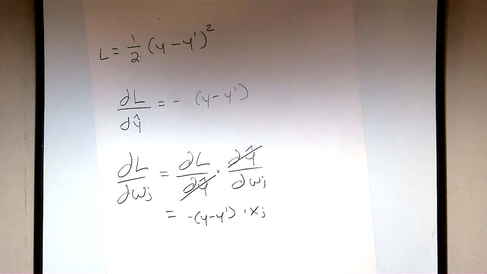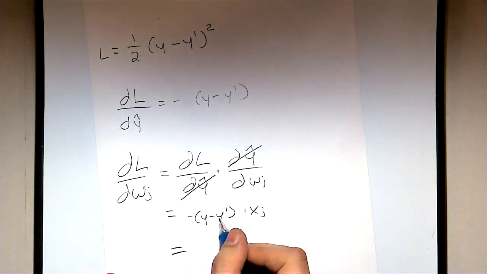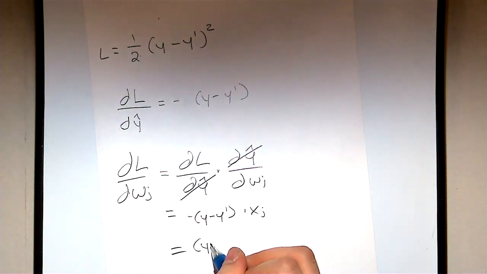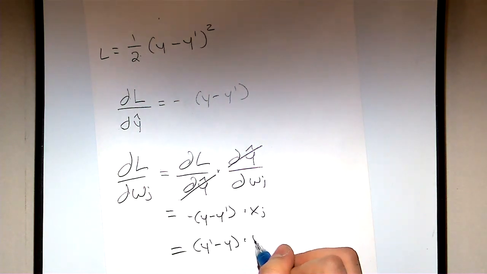Would this negative also show up when the y hat is first? Yeah, so what happens is that this is exactly equal to, if we just swap this, right? If we distribute the negative sign, then we get that this is y hat minus y times xj.